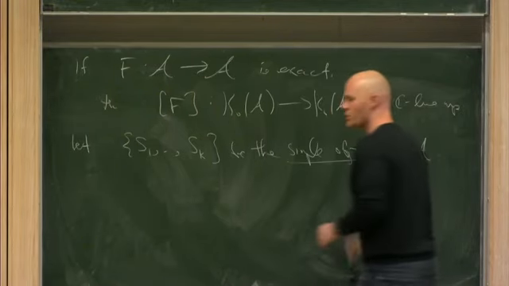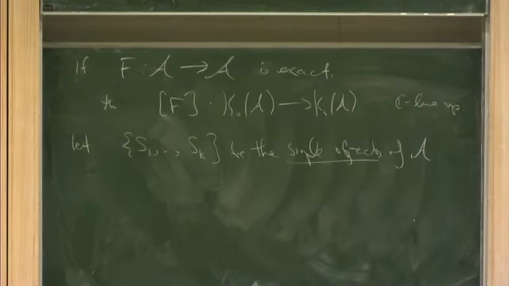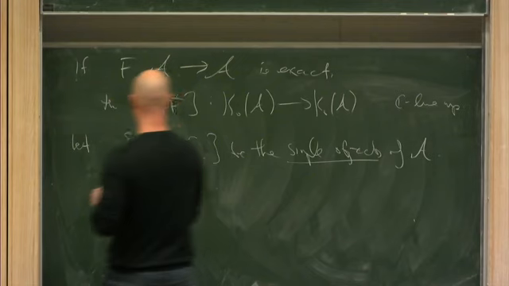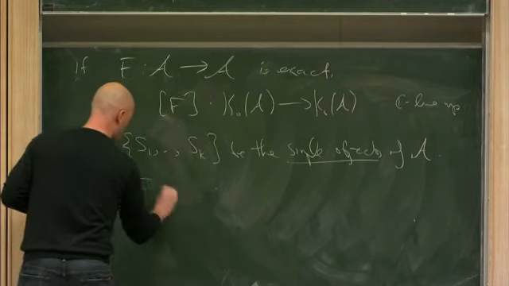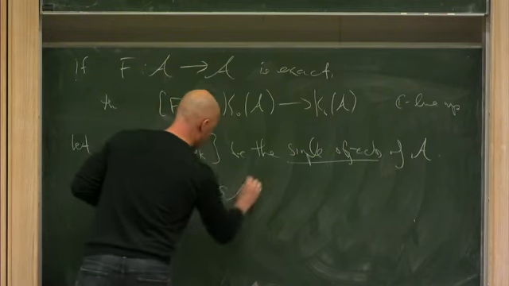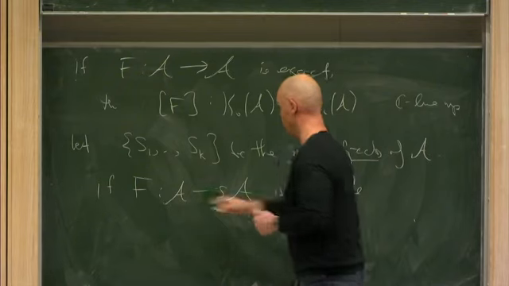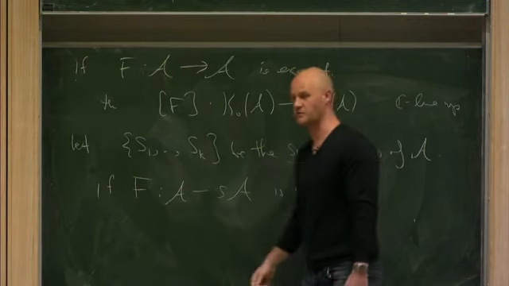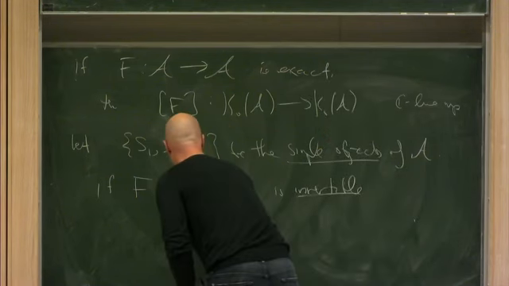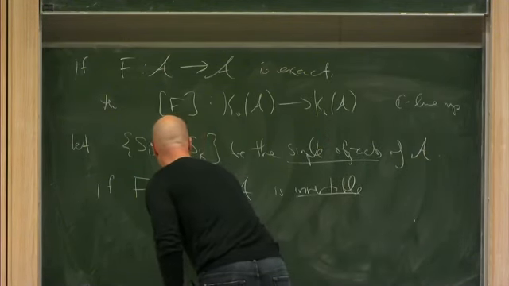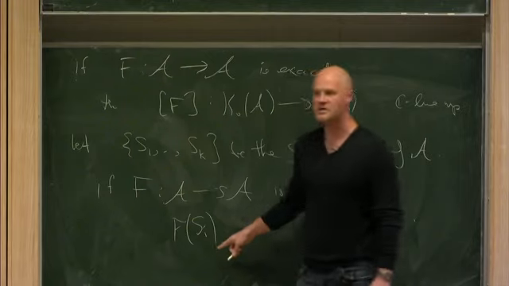So what is a simple object in an abelian category? It's an object which has no proper sub-objects other than 0. So let's say you have a simple object. If F from A to A is invertible, in other words, for example, if it's coming from an action of a group, and Si is simple, what can you say about its image under this functor?